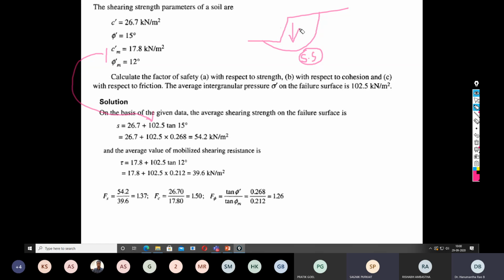When it is moving downward, the resistance is offered in the upward direction. So shear strength is in the opposite direction to the shear stress. When this weight component is causing the shear stress, it is not an instantaneous process. It increases gradually.